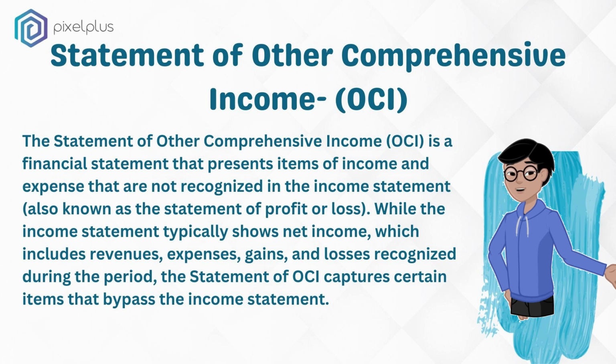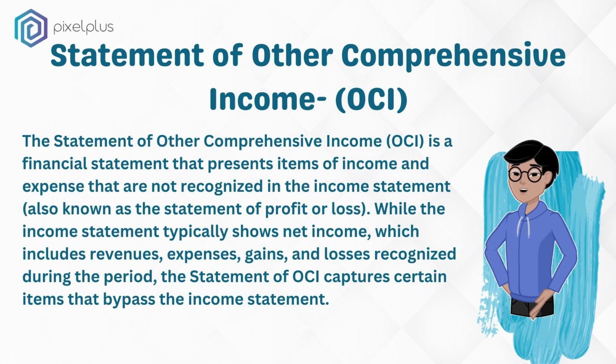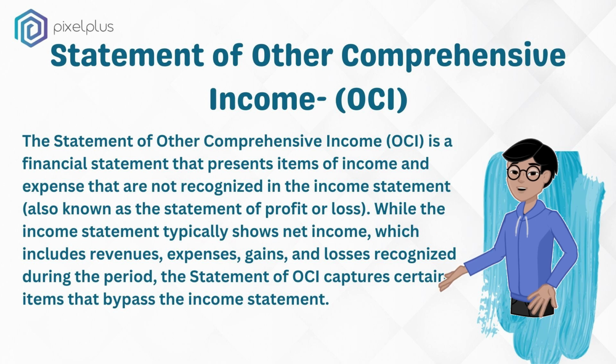The next thing is the pension adjustment, or actuarial gains and losses. Pension adjustments, including actuarial gains and losses, arise from changes in the value of defined benefit pension plan assets and obligations.